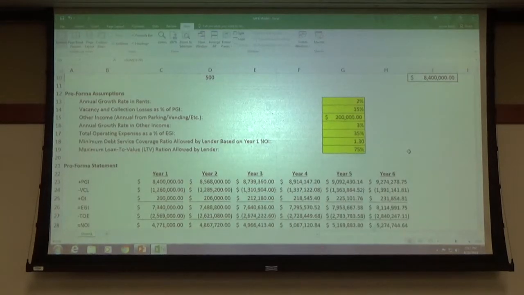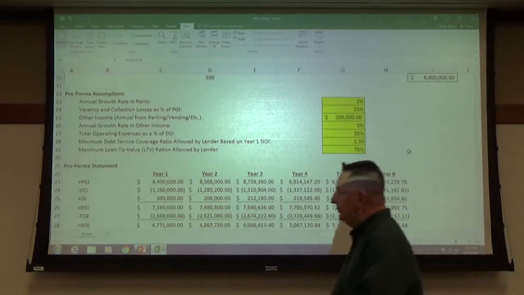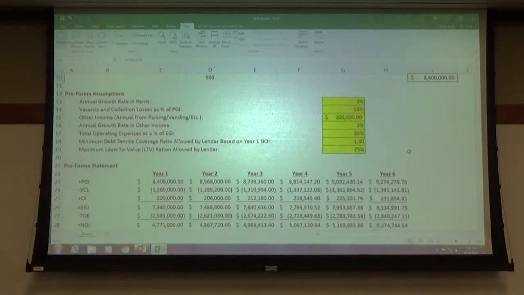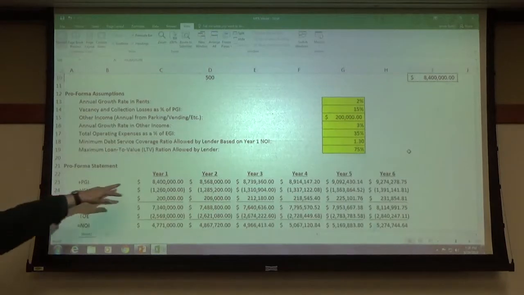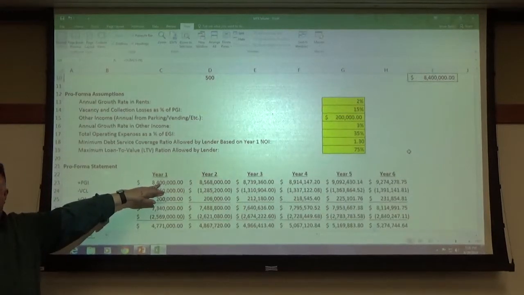So all you're going to do is take 8.4 million, which is year 1 potential gross income, yes?